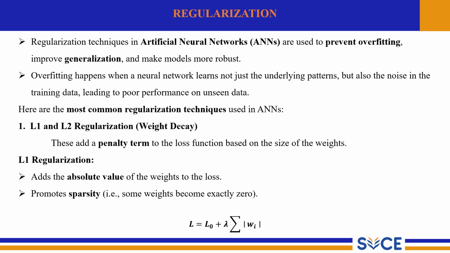The modified loss function looks like this: L equals L0 plus lambda times the summation of i equals 1 to n of the absolute value of Wi. Here L0 is the original loss, lambda is the regularization strength, and Wi are the individual weights. By applying this penalty, we encourage the network to focus on the most important features, leading to simpler and more generalizable models.